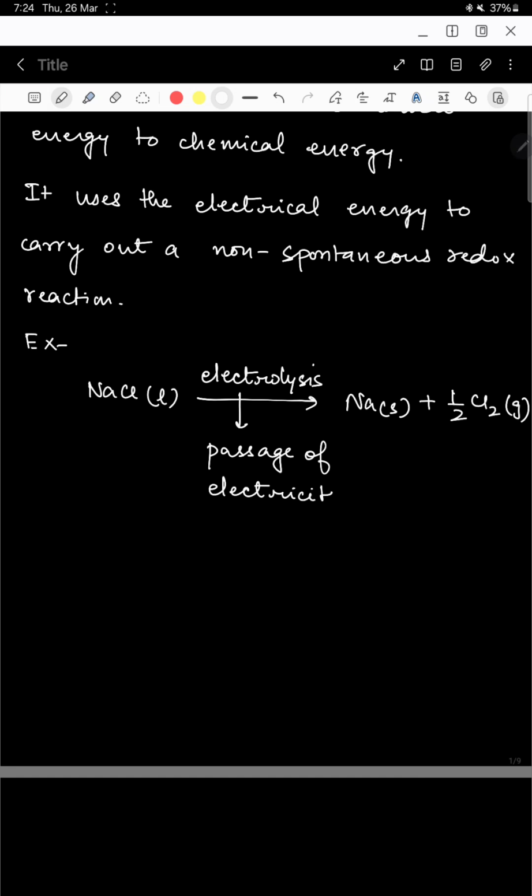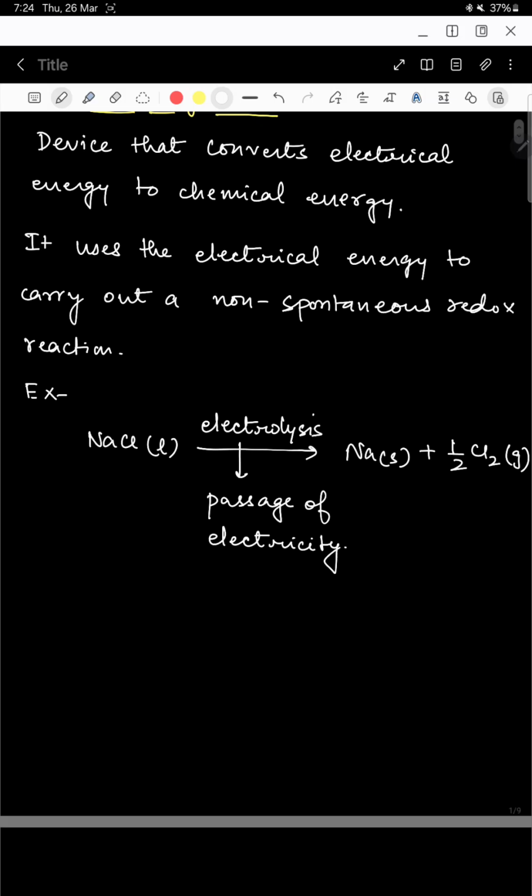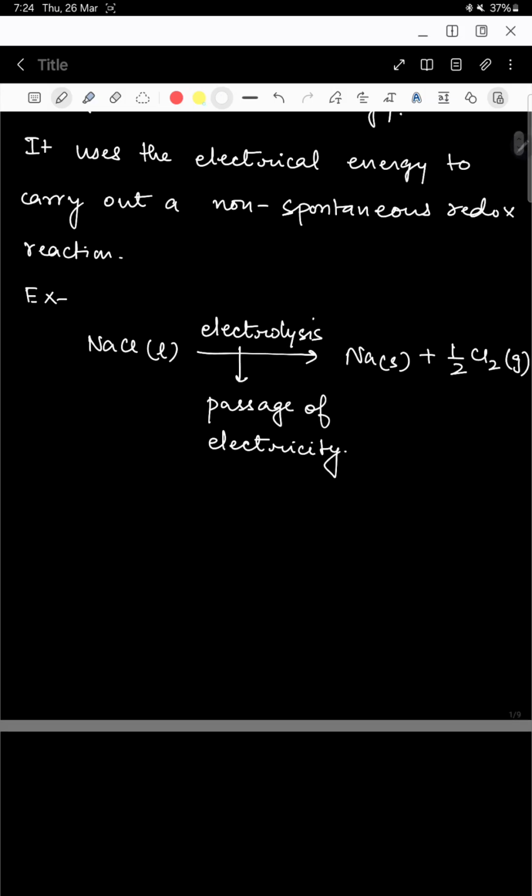So molten NaCl cannot undergo decomposition by itself. It is not a spontaneous process.